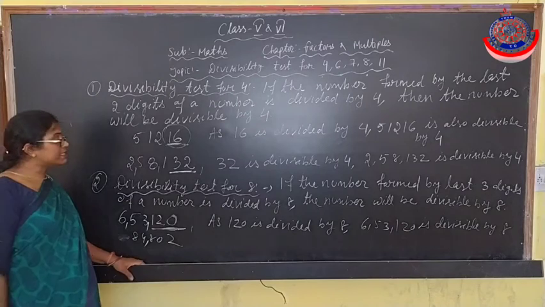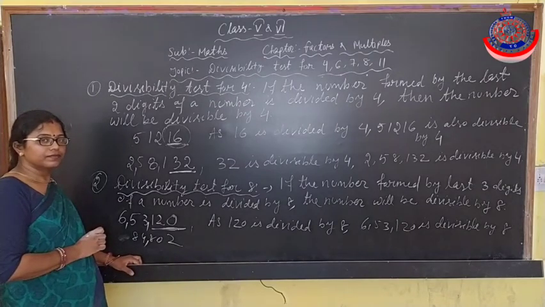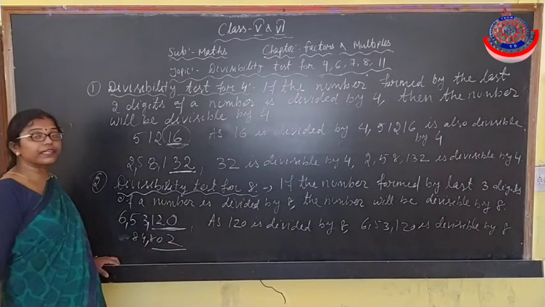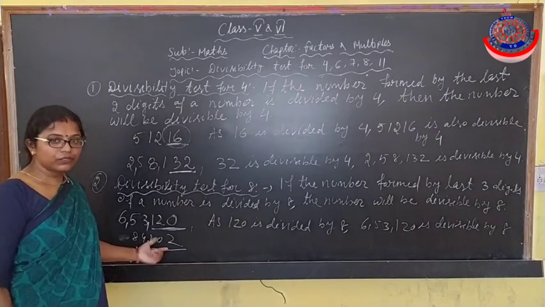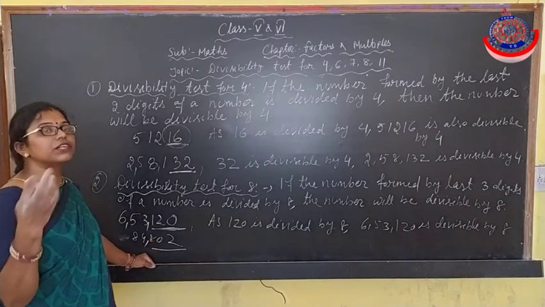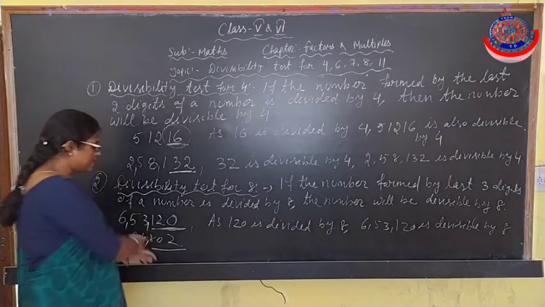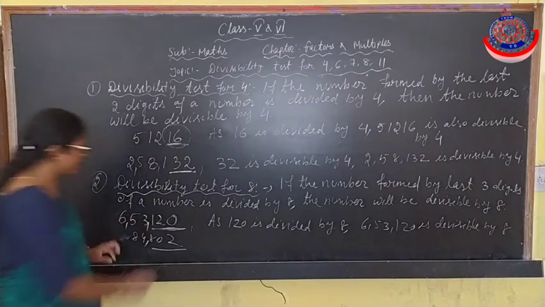Next, 84,802. Is it divided by 8? What is the number formed by the last three digits? 802. Is 802 divisible by 8? No, 802 is not divisible by 8. That means this number 84,802 is not divisible by 8.